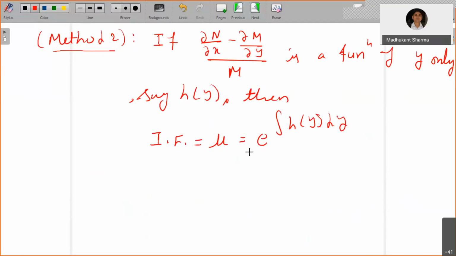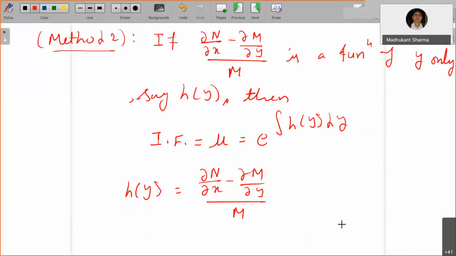You can verify afterwards that if you multiply the original equation by mu, the resulting equation is going to be an exact differential equation.